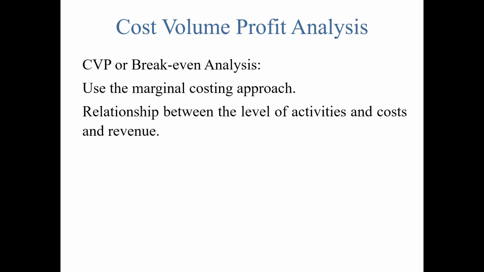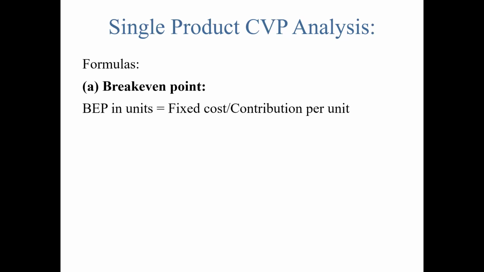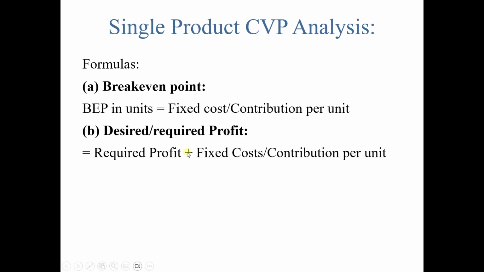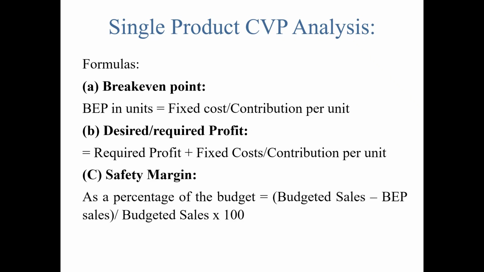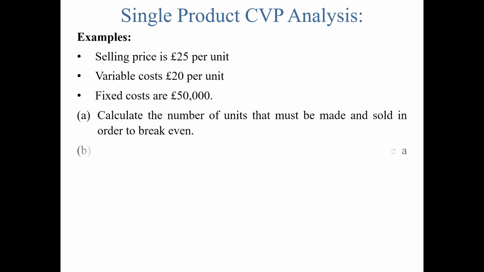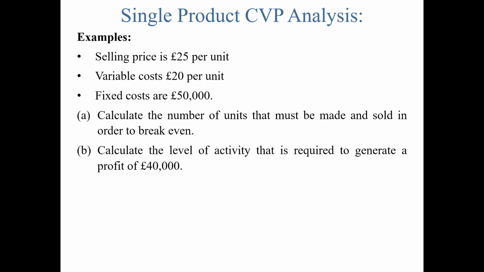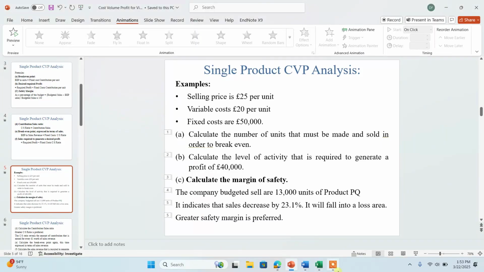For this, the formula is almost similar to the break-even point, but we are going to add required profit to this formula: required profit plus fixed cost divided by the contribution per unit. Applying this formula will tell us how many units I should produce to reach the required profit of 40,000. You can see here, this is my target, 40,000. Let's check it.